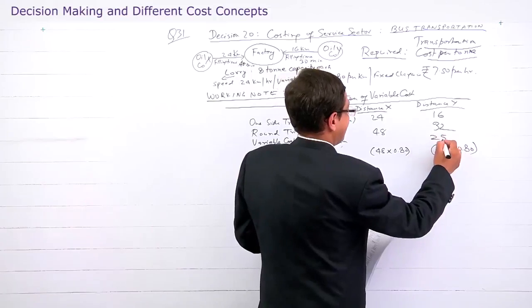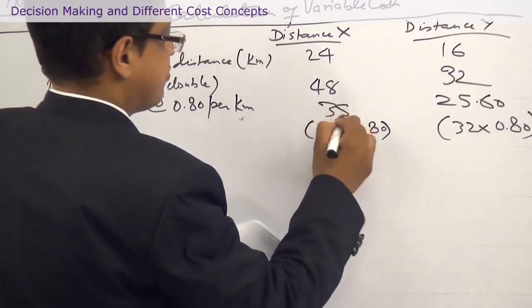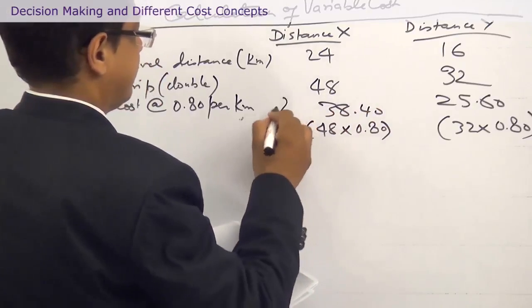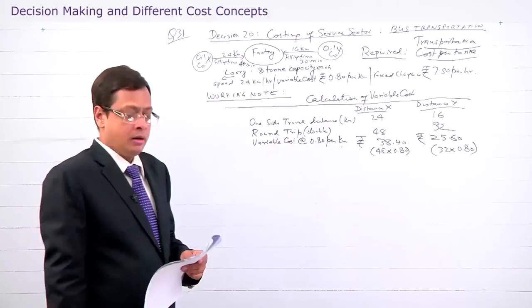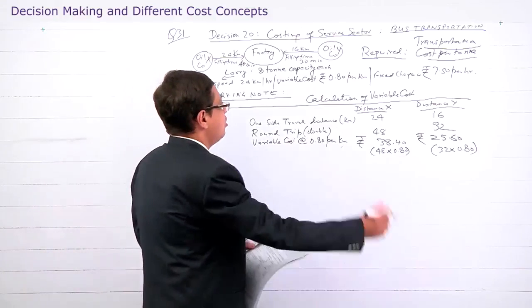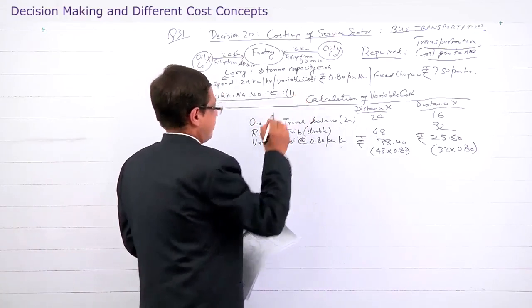This is 25 rupees 60 paise and this is 38 rupees 40 paise. Now, this is working note number 1.